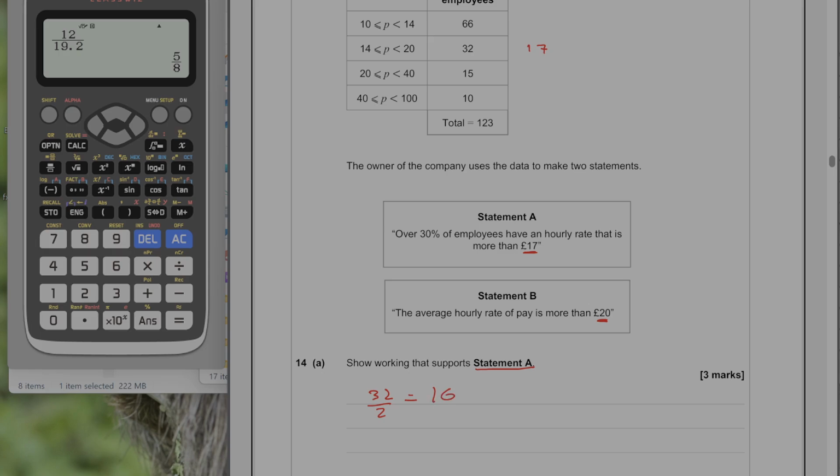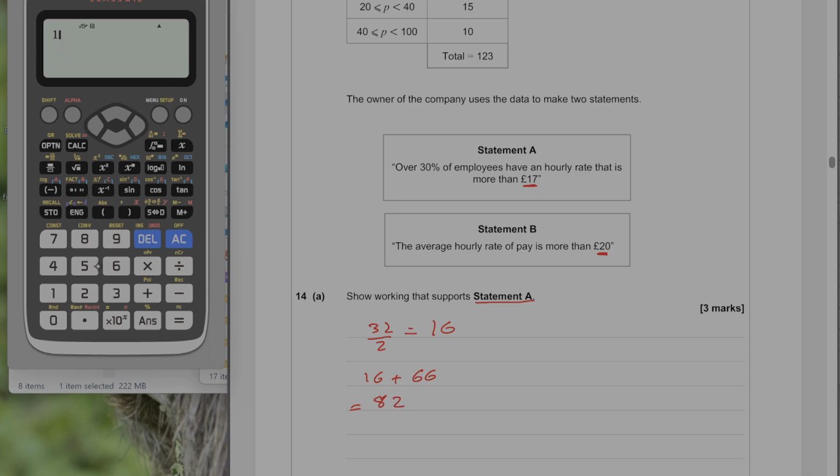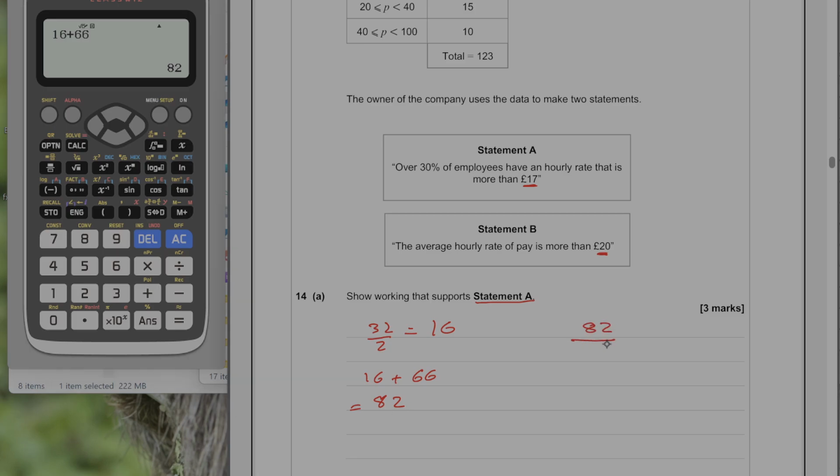So we can make the assumption that 16 plus 66 is going to be equal to 82. Let's just double check that. Yeah, so we can make the assumption that 82 out of the 123, sorry, people are paid more than £17.